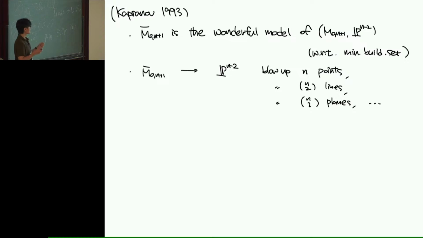So there are well-known facts about this compactification. One is that this is a wonderful model of the hyperplane arrangement of type A, as we said before. And equivalently, it is a sequence of blowups of the projective space. Blowup means you replace some subset with some projective bundle over it.